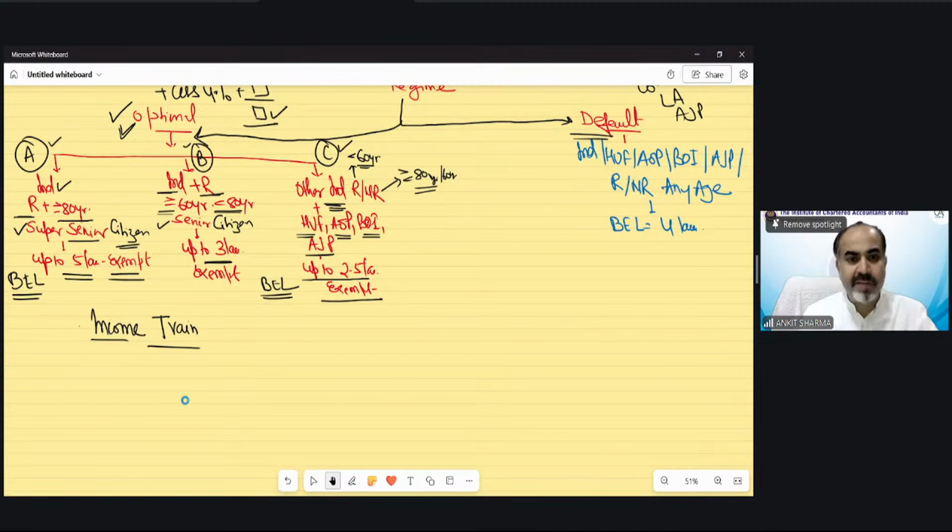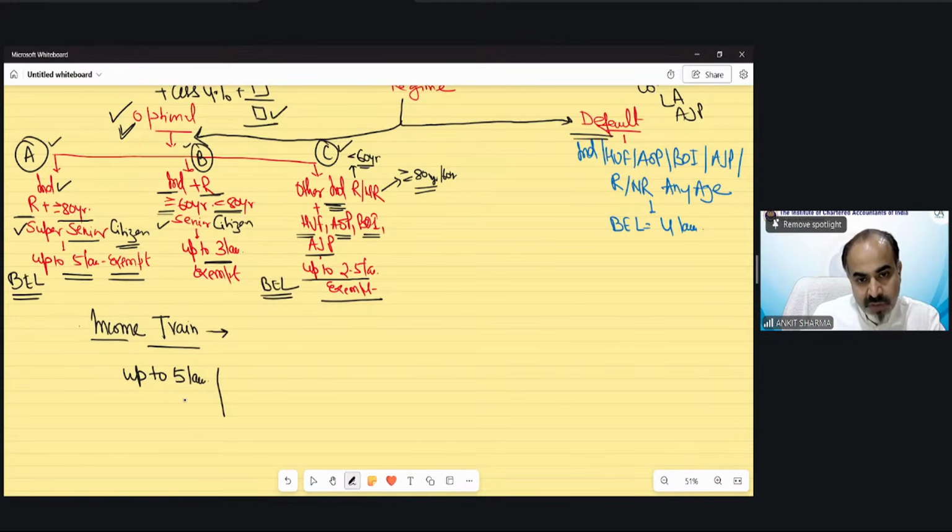Now, how would the rate be applicable? I will explain this with the help of a very simple trick. Suppose there is an income train, and you are in this income train. If income is up to 5 lakh rupees, that is the first platform.